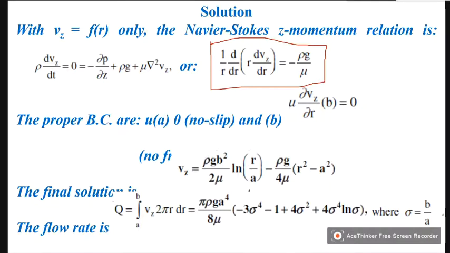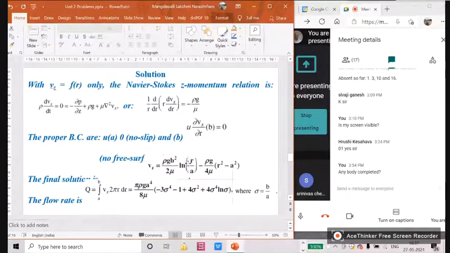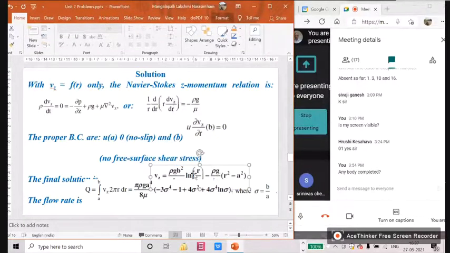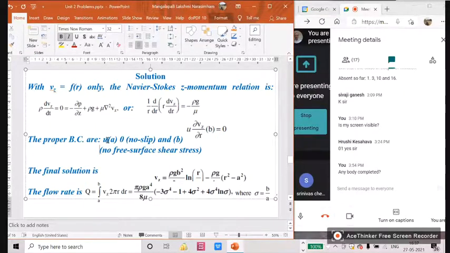So one boundary condition is, I have written u, but actually, one minute. This is not u. This is Vz.